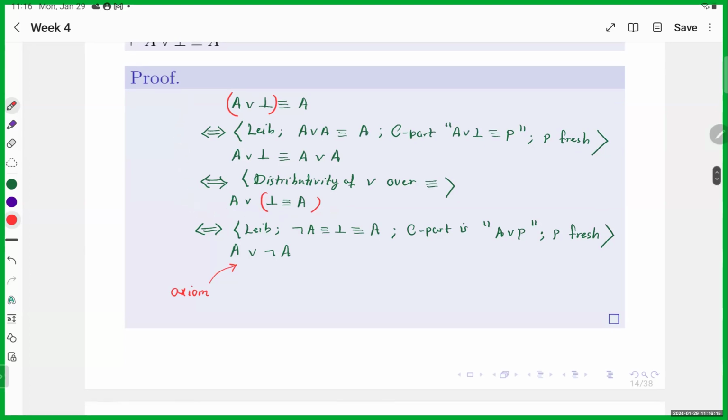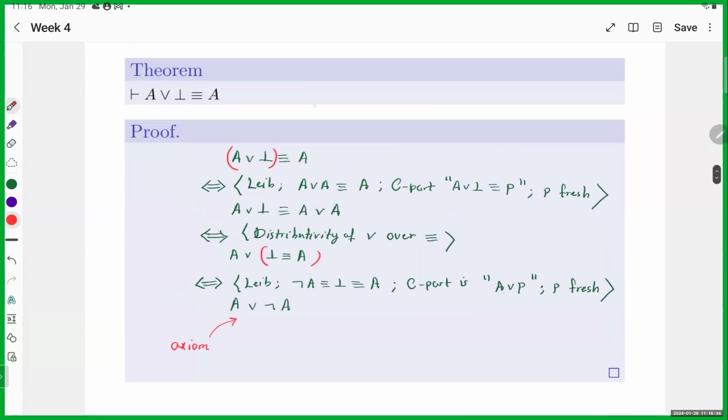Professor, one more question. We used Leibniz to substitute A with A or A, right? So how do we use that step to get the third one? Because I don't see how we use the second step to get the third one.